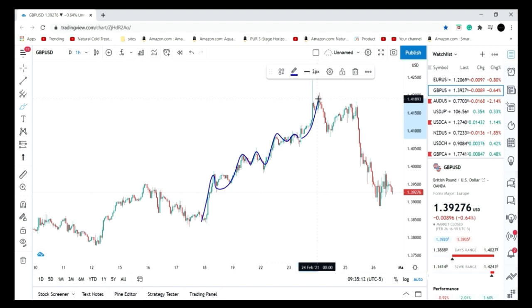Now, when we get these deep pullbacks, these violent deep pullbacks right here, that's when everything gets kind of out of whack. And I want you guys to understand that, because even though, let's say we are in an uptrend right here, we get this deep pullback right here, do you want to still go long? And that's the question.